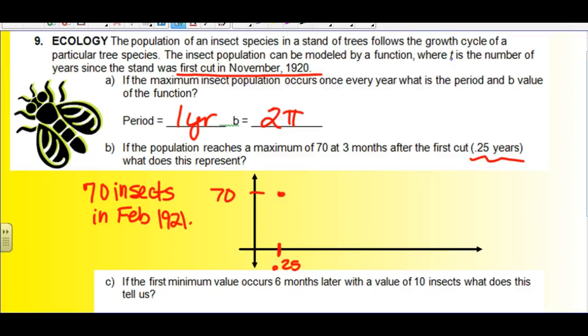All right. If the minimum occurs 6 months later of 10 insects. Okay, 6 months later, guys. We're in years. Half a year. Is this 0.5 though? No. Yeah, it's half a year later, so this is 0.75. So there's our graph, badly drawn.